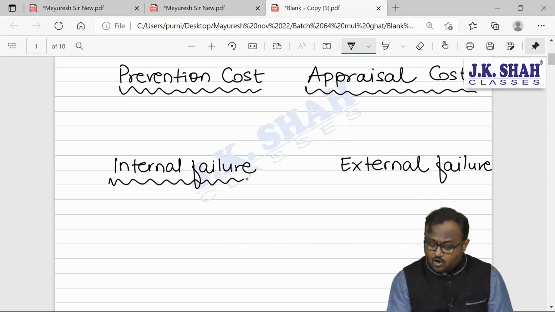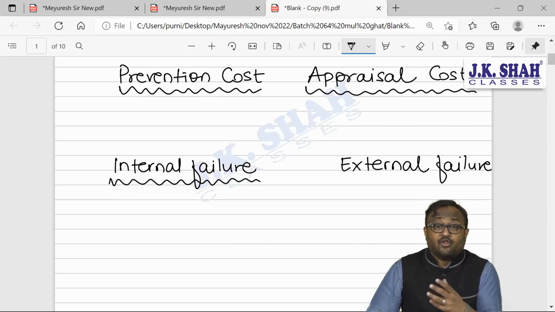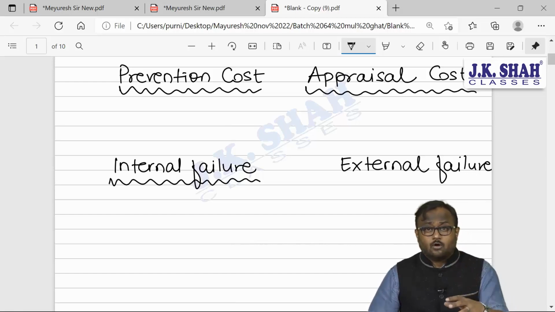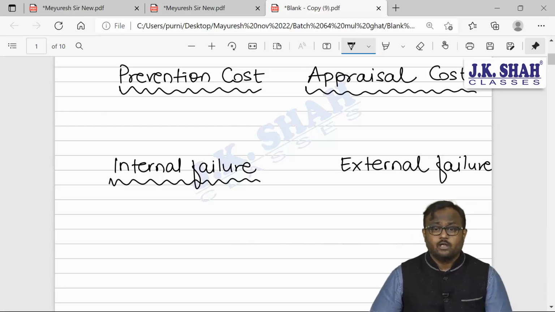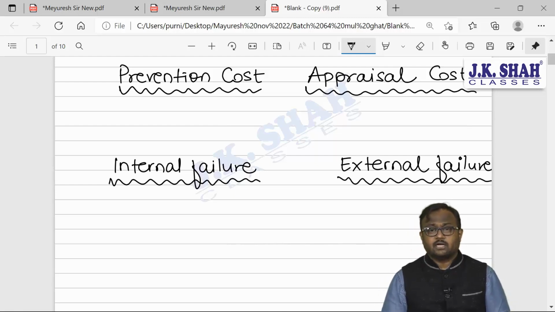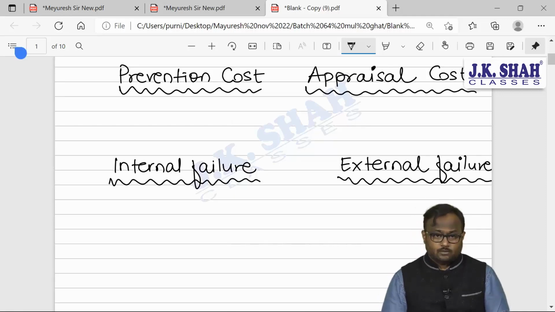Internal failure will be the cost like cleaning the floor space, treatment of the sewage water, treatment of the liquid that is being dispersed in the production process, cleaning of gases or emission that is being created in the form of gas, in the form of liquid, in order to rework, in order to reinstate, or in order to rework whatever cost you incur, that is called internal failure. And due to emission, when outsiders are costing us something, that will be considered as external failure, which can be a penalty or a fine levied by the government and all.